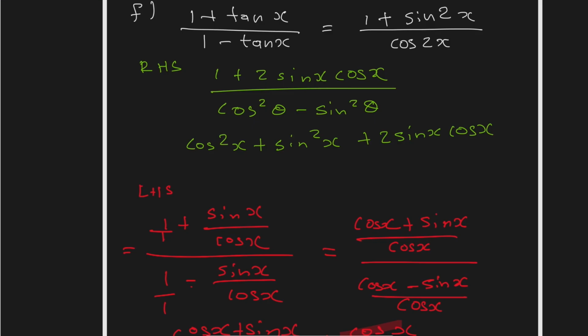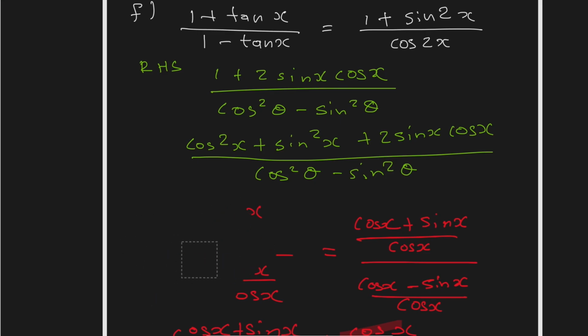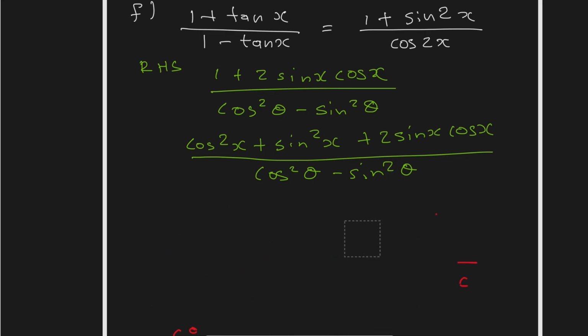Okay, so now at the bottom, we still have cos squared theta minus sine squared theta. Now what do I see? You need to be able to see this. At the top, what you have can be factorized, and at the bottom, you have a difference of two squares, so it can be easily factorized.